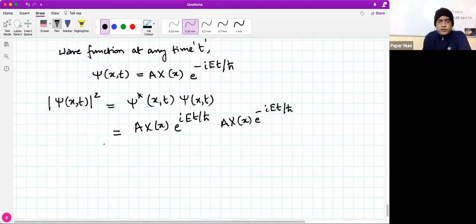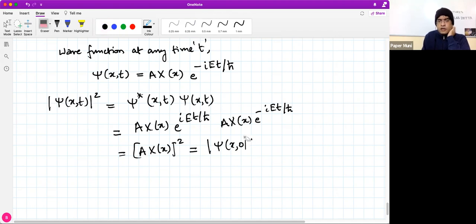All right. So in this case, you get a(x) mod square, because the exponential terms become 1. This value is equal to the wave function at the initial time, mod square.